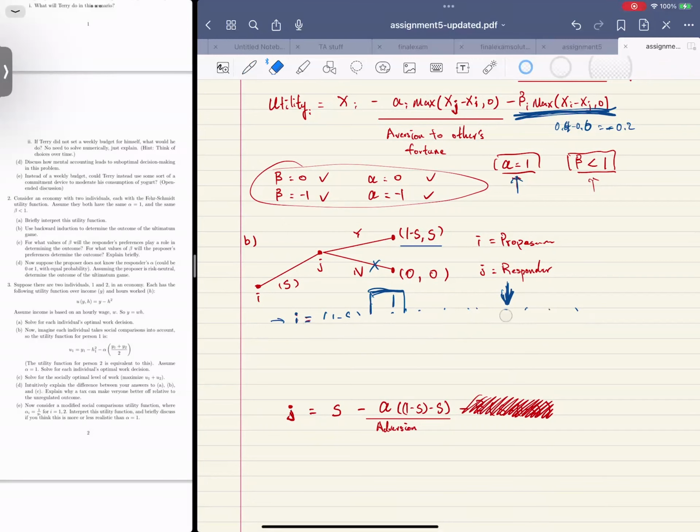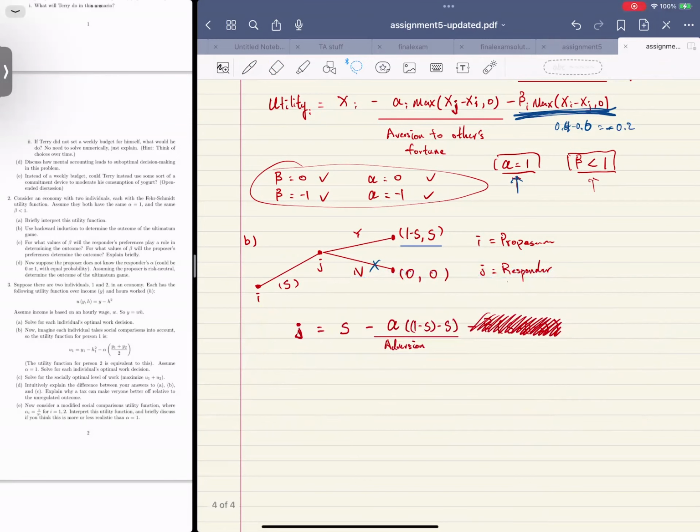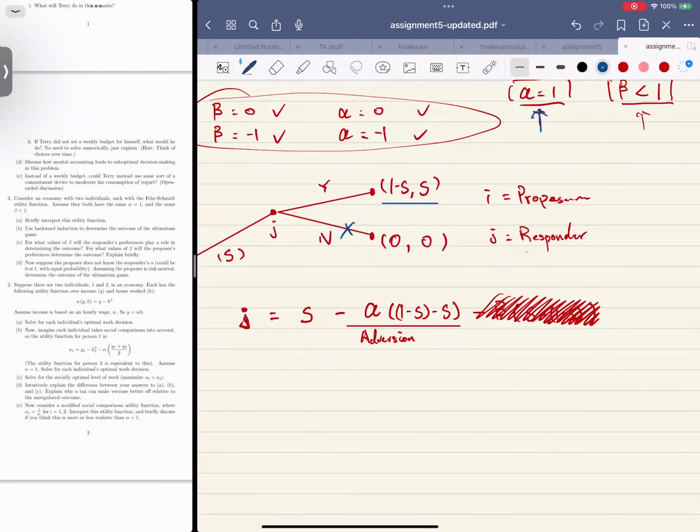Now we can erase this and keep going with J, because J is the most important one. Here, this is the aversion for others' fortune.